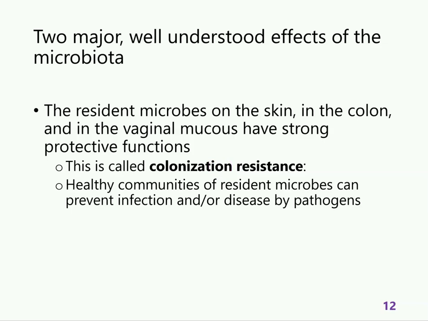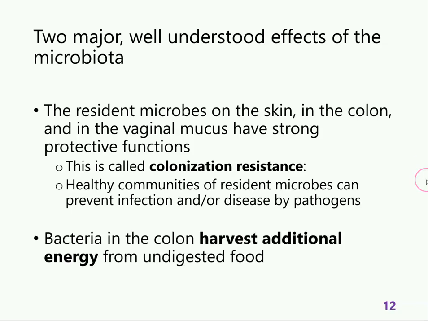They just take up space, they take up nutrients, and sometimes they actively fight against other microorganisms that want to grow on us and in us. And this is going on in the skin, the colon, and the vaginal mucus primarily. So that's a real thing. We'll see some data about that.